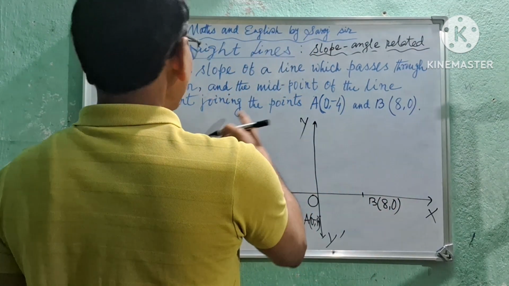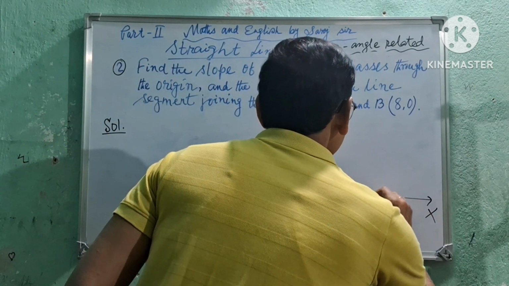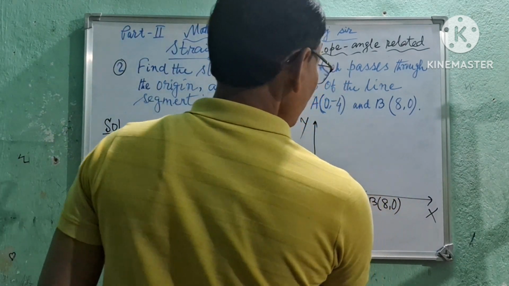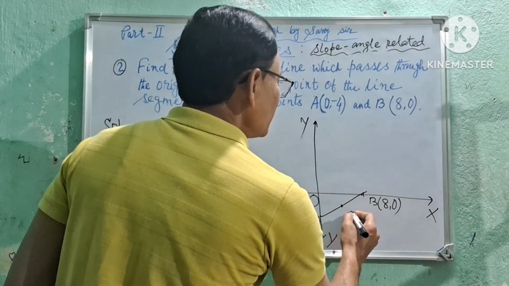And the midpoint of these two points, midpoint means just this point. Let's assume this point as C.